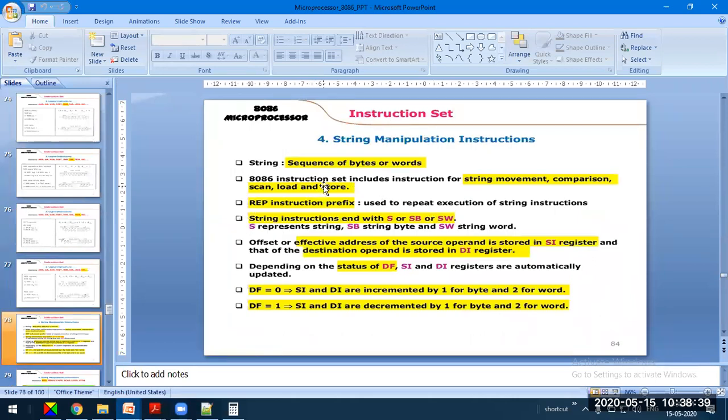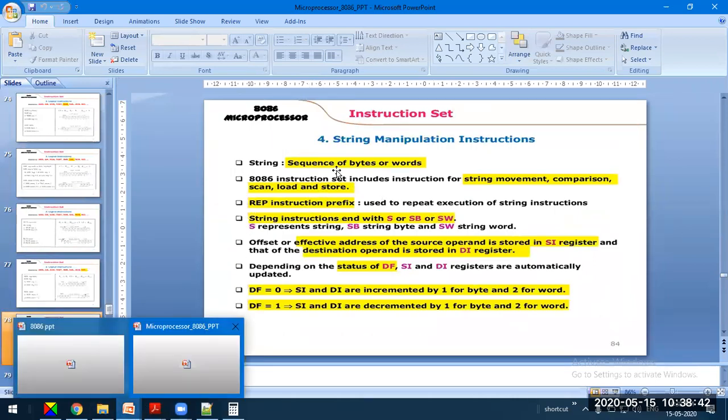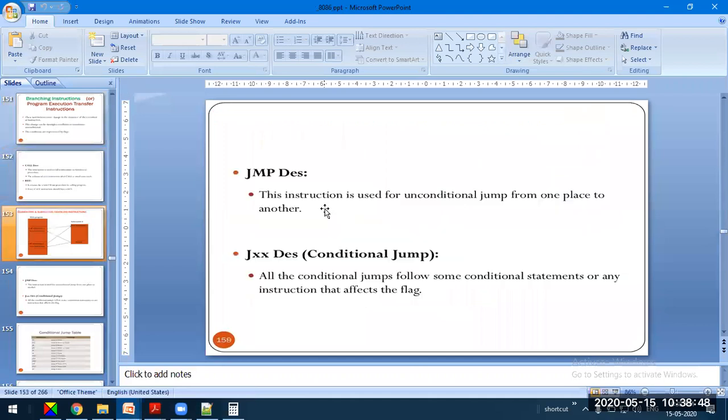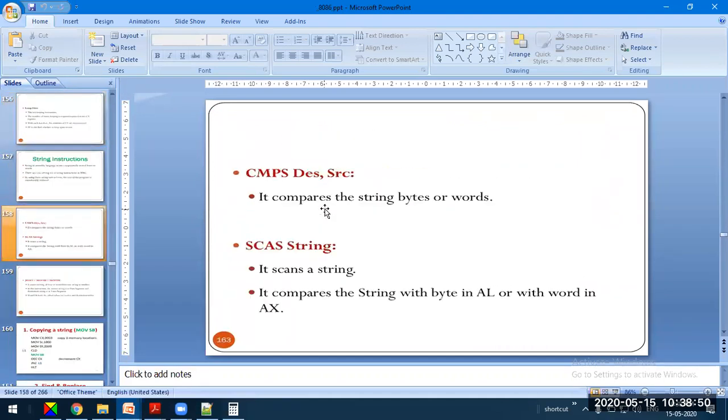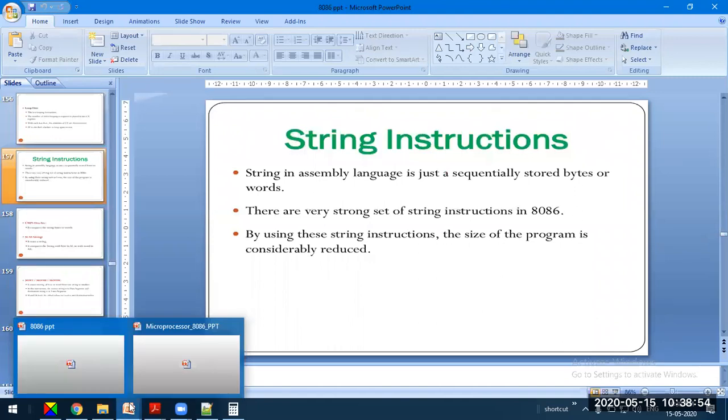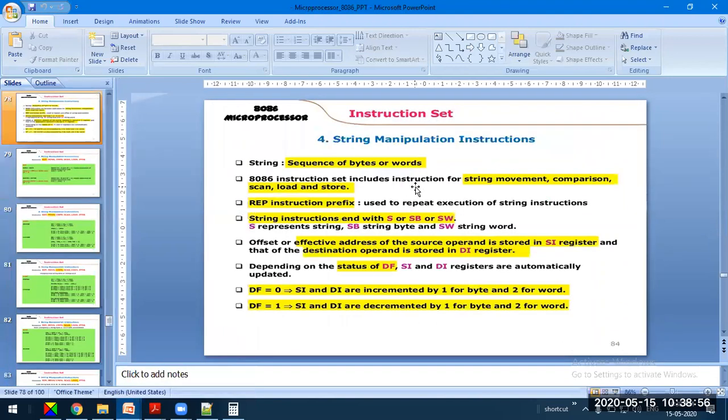So here the string manipulation instructions are discussed. We also have string manipulation instructions in this slide. Let me jump to string manipulation instructions and continue from there. What are string manipulation instructions? A sequence of bytes or words is manipulated by using instructions meant only for string manipulation.